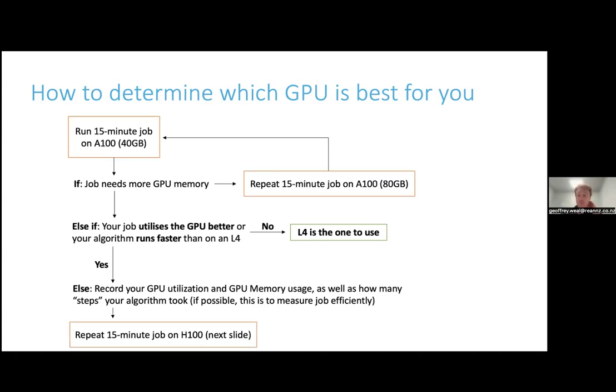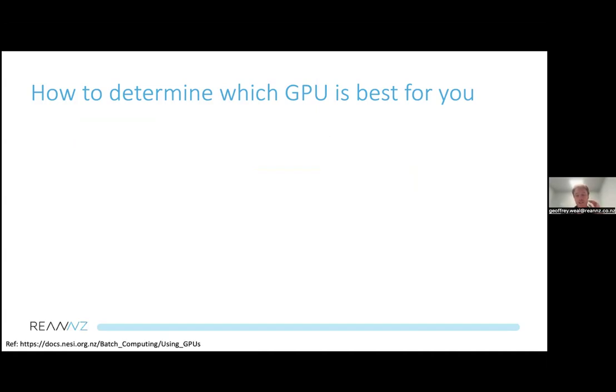We then go on and repeat the same process for the H100. So hopefully you're getting the gist of what you want to do. As you start with the lower performing cards, you want to keep testing on the higher performing cards until you find the sweet spot.